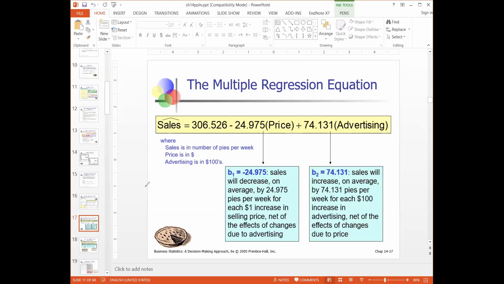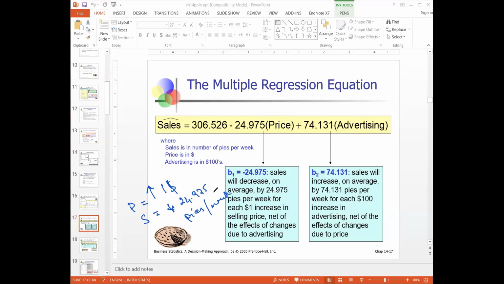So if a seller increases the price by $1, the sales will fall by 24.975 units, which is pies per week.